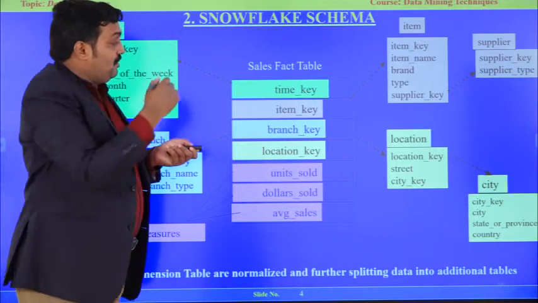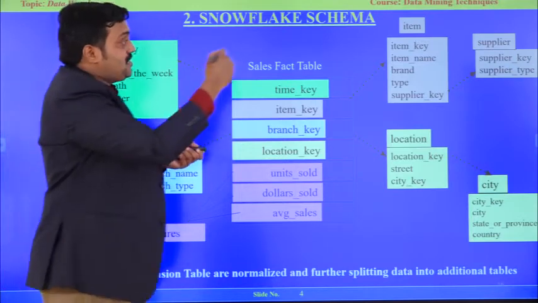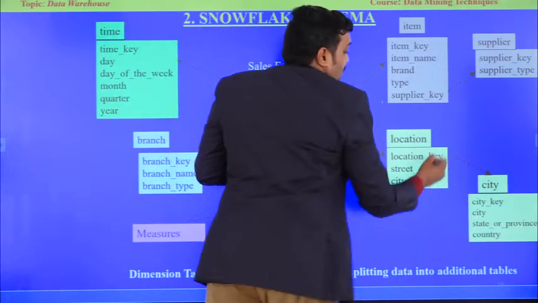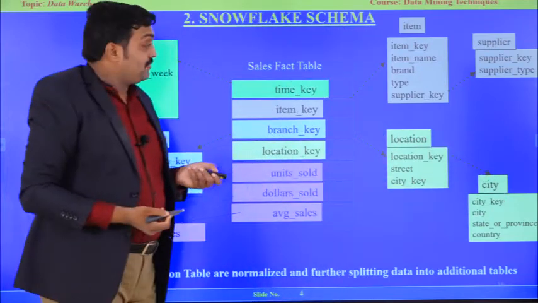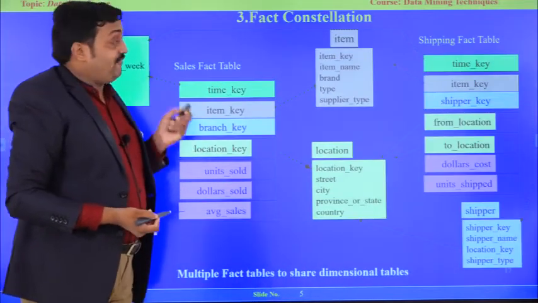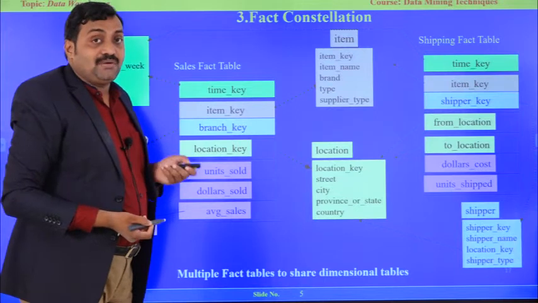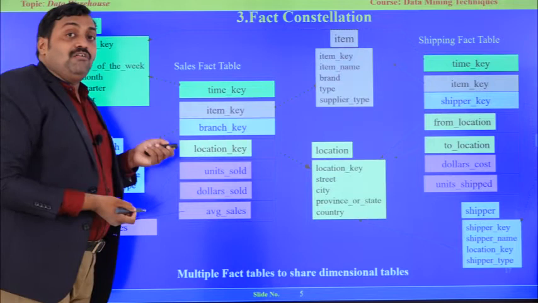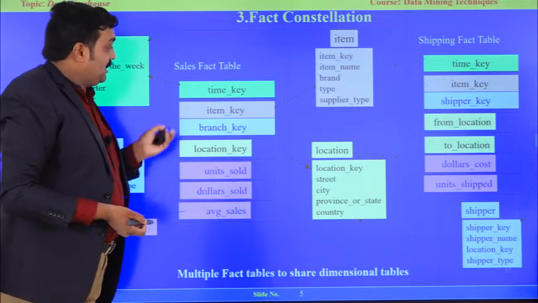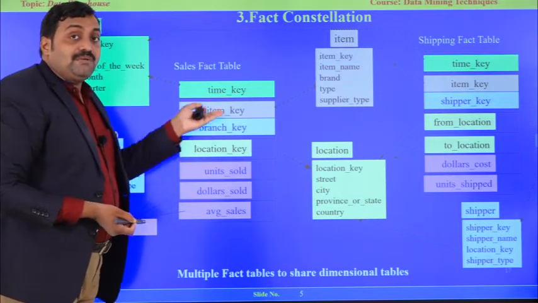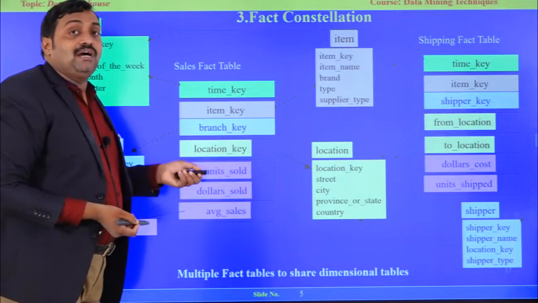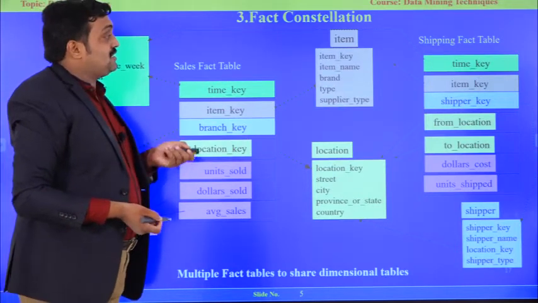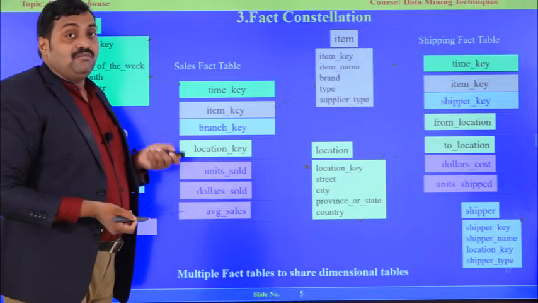Snowflake: one fact table, with the dimension tables further divided to normalize the data. And the fact constellation or galaxy model is a combination of both star and snowflake, where we have multiple fact tables sharing the dimension tables. This is what the multidimensional model is.